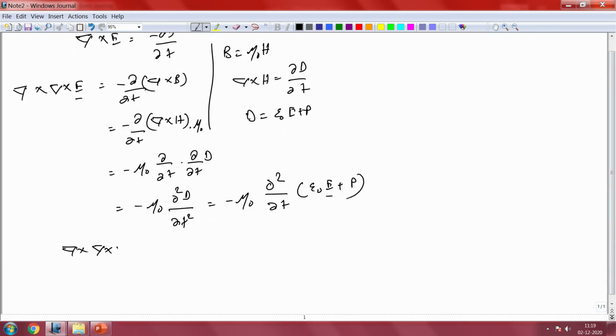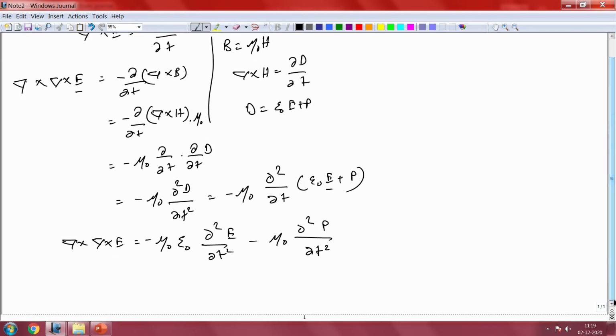And del cross E now equals minus mu naught epsilon naught, right. I'm just expanding this, okay. So dou squared E by dou t squared minus mu naught dou squared P over dou t squared, okay. So this is our equation now.